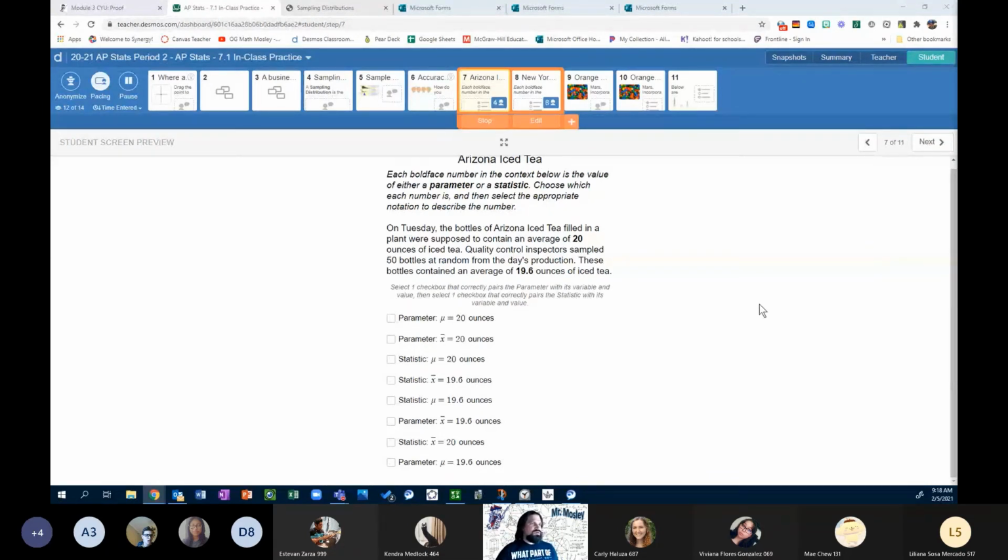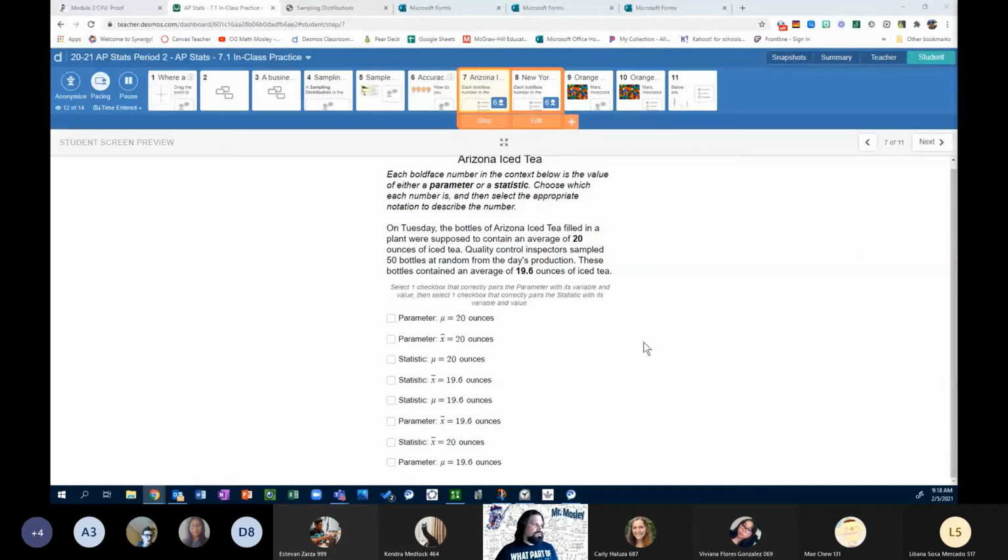So back on the Arizona iced tea problem, we're given the context that on Tuesday, the bottles of Arizona iced tea filled in a plant were supposed to contain an average of 20 ounces of iced tea. Quality control inspectors sampled 50 bottles at random from the day's production. These bottles contained an average of 19.6 ounces of iced tea. So we have the bold numbers 20 and 19.6. 20 is a parameter. That's our average for the population.